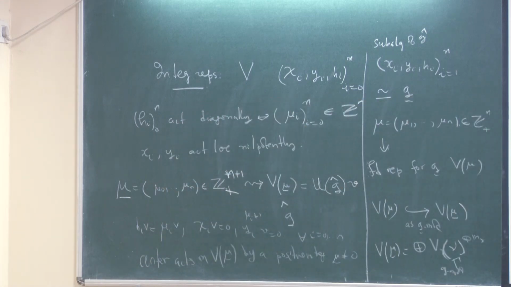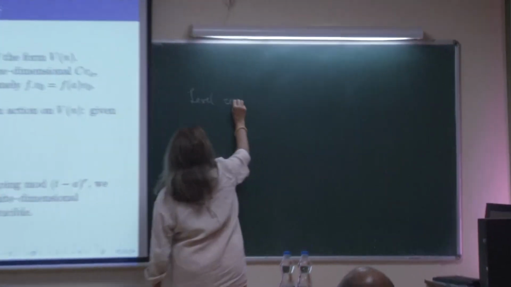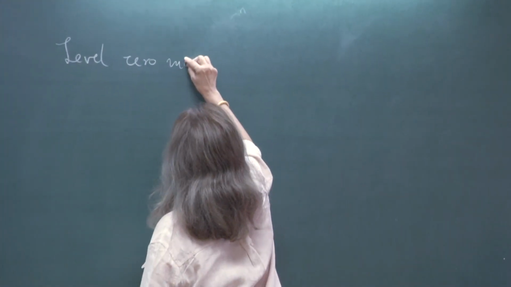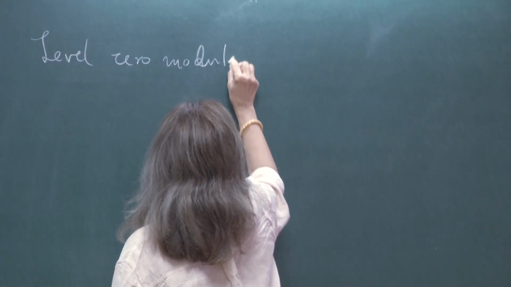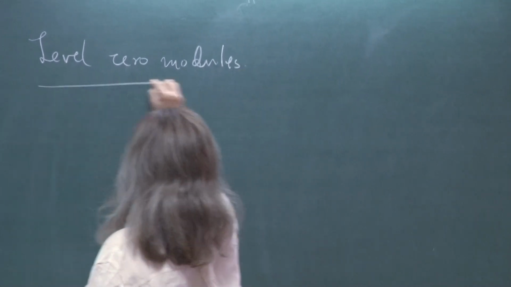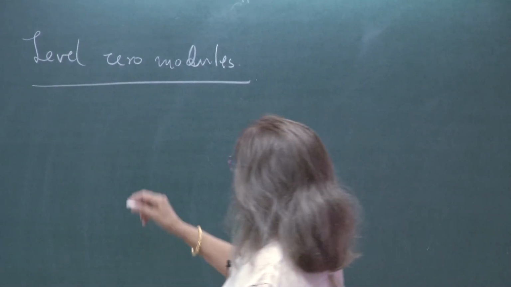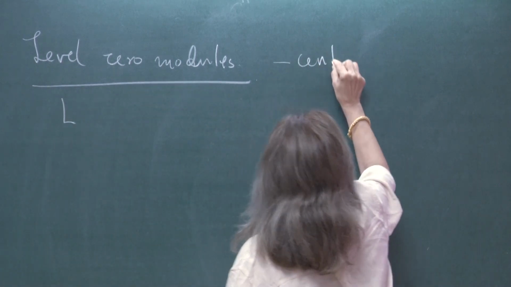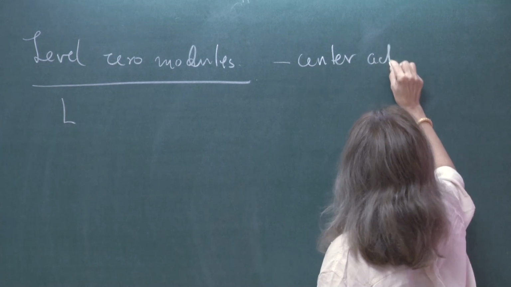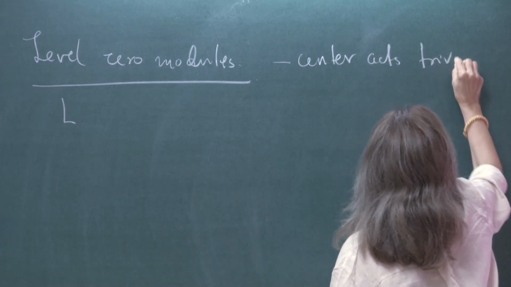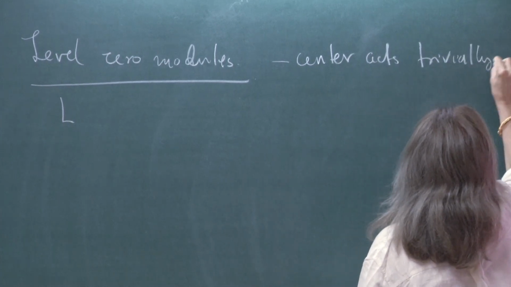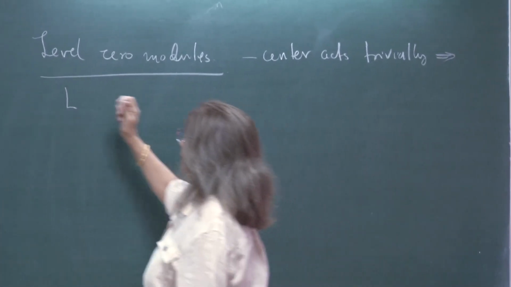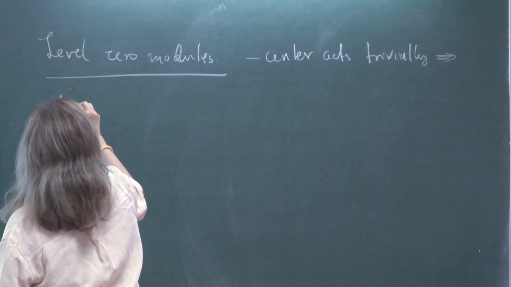Okay, so now we want to talk about level 0 modules, which in some sense, depending on your view, we should have talked about first, because they're the easiest to construct. So we're trying to construct modules for Lg, where the center acts trivially. This means we're looking at representations of Lg.